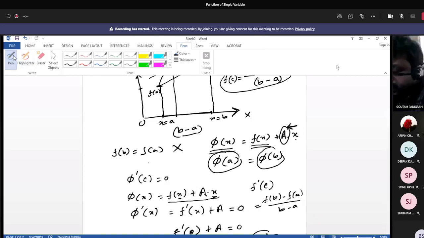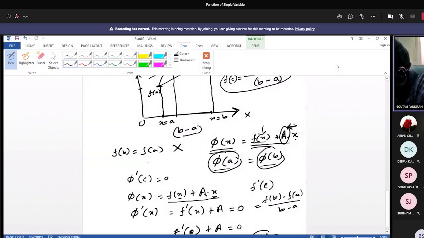Now here you have considered that phi x satisfies all the conditions of Rolle's theorem and phi a equals phi b. We have taken the value of A in such a way that phi a equals phi b. What is phi a? f of a, in place of x put a, so f of a plus capital A into a. Phi b will be f of b plus capital A into b.